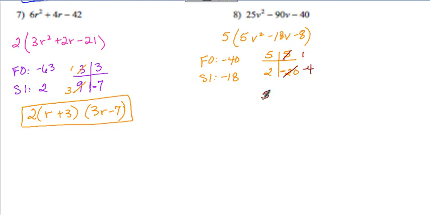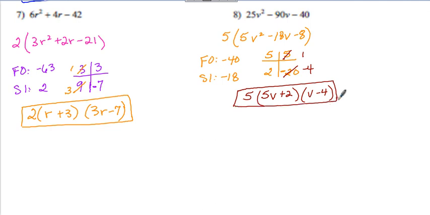So I build my factors as 5v plus 2 and 1v minus 4. Don't forget to bring 5 back in for its final curtain call. Don't forget him in the end. And again, these can be in different order if you came up with those numbers in a different order.